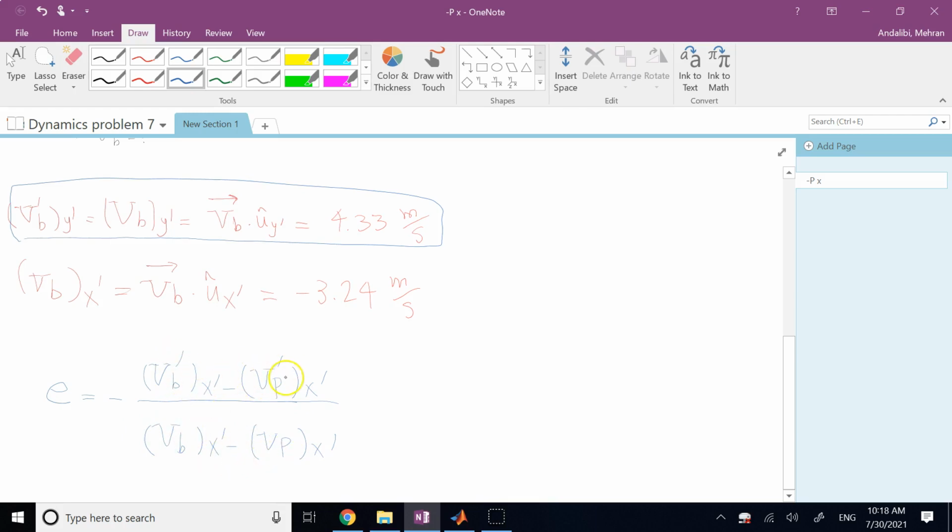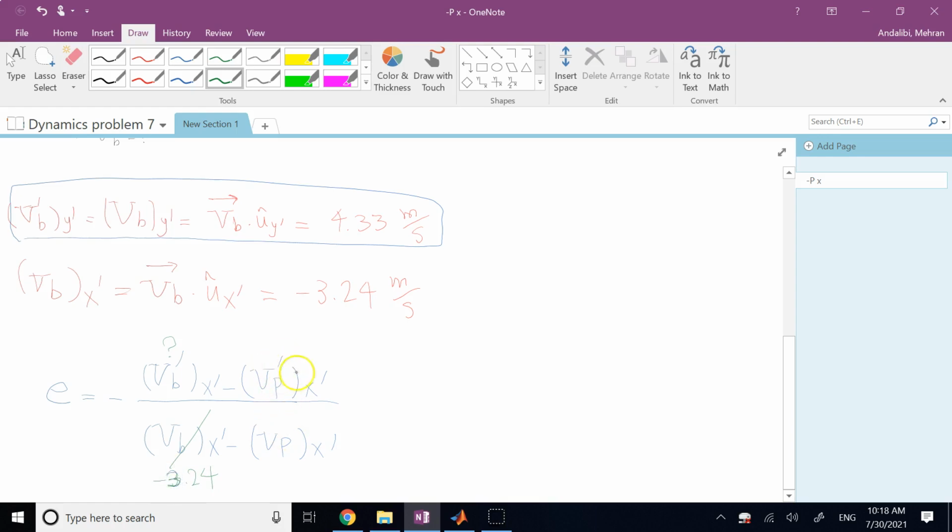The ones that have prime are after impact. So negative relative velocity after to relative velocity before. Now my unknown here is this guy, v of b after impact. V of b before impact, I found it. I have the number here. This is negative 3.24.